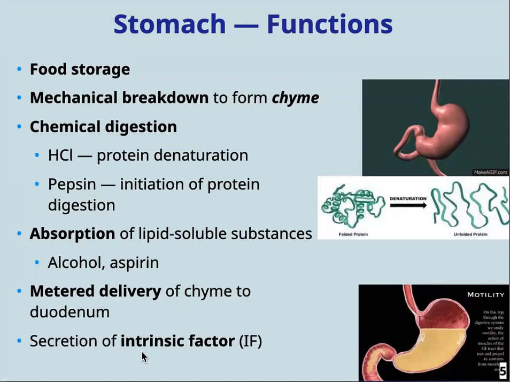And finally, the stomach is responsible for secretion of intrinsic factor. This intrinsic factor has an important role in the absorption of vitamin B12, or cobalamin, in our small intestine. In patients whose stomach fails to produce or utilize intrinsic factor, it can actually result in a condition called pernicious anemia, which is a form of anemia.